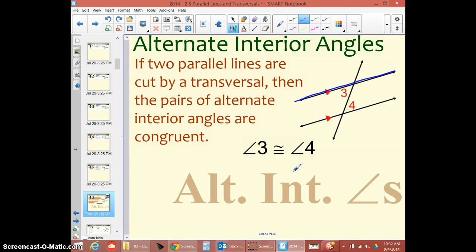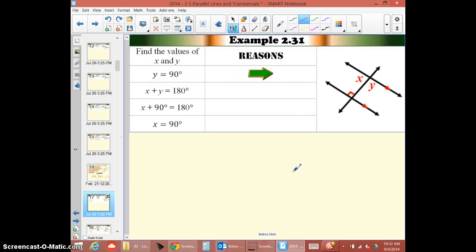Okay? If I look here in this example, again, focus on the diagram. Start with the diagram. I could say, look, 90 and x, we don't know anything special about those yet. But I can look at 90 and y and say, look at that, they're alternate. They're on opposite sides of the transversal, and they're on the interior.